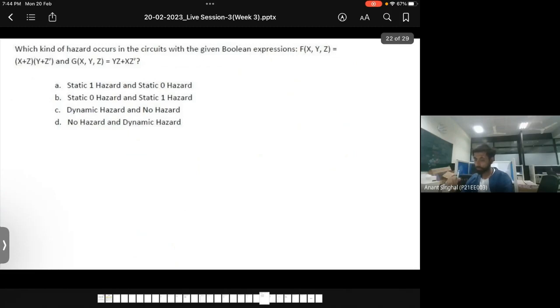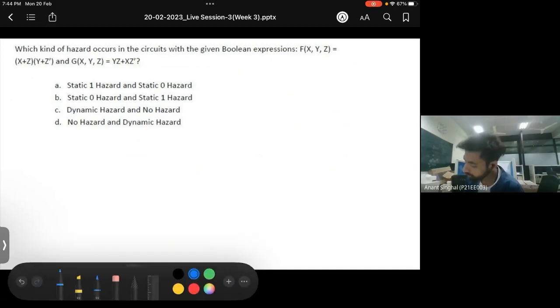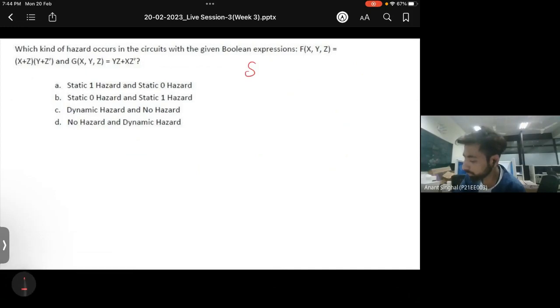Okay, so let's move towards hazards. So I'll tell you the concept of it first. So there are three types of hazard that we face in the circuits.